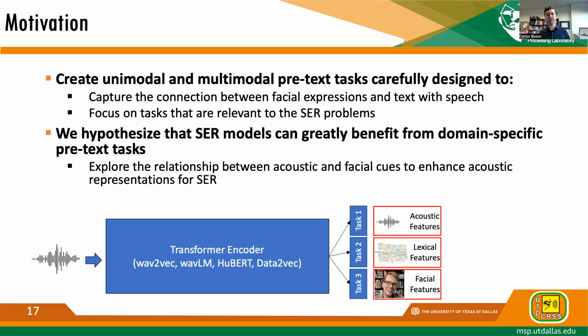In order to do that, we're going to rely on the relationships that we have observed between different modalities, let's say facial expression, text, and speech. Our input is always the speech, and the labels that we're going to use in this self-supervised framework are going to come from features derived either from the audio, from the lexical domain, or from facial features.